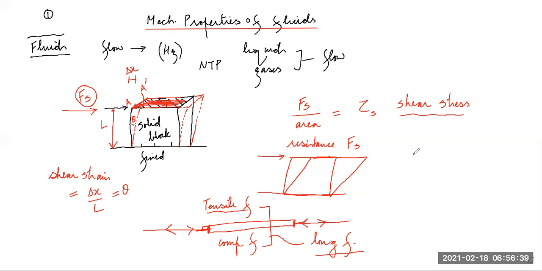So if this is a surface and you apply this force, this may be a longitudinal force, but if you apply the force along the surface, this will be the shear force.